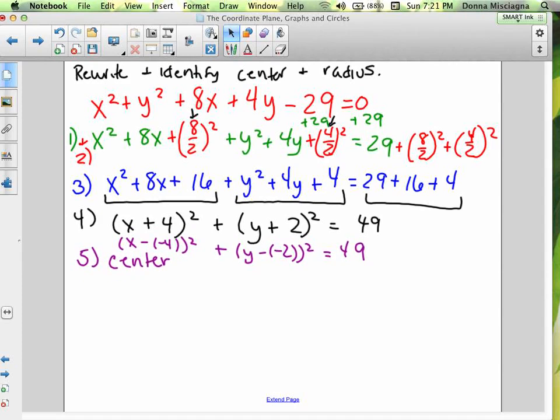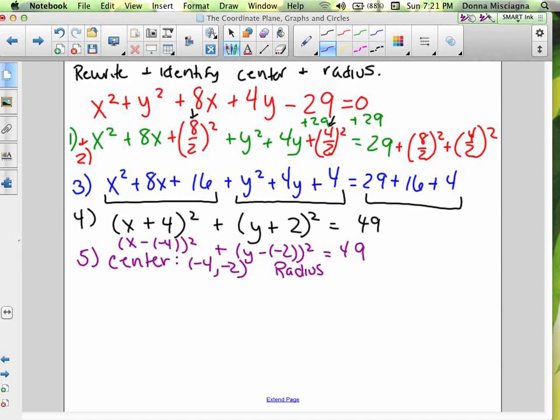They're connected. Our center is going to be negative 4, negative 2. And since we didn't have a nice whole number integer value for the radius, I thought I'd make it a pretty number on this one. The radius is going to be the square root of 49, which is just 7. And that's all there is to this one.